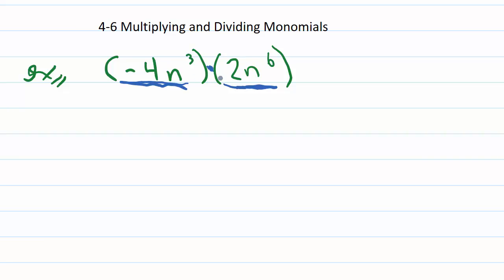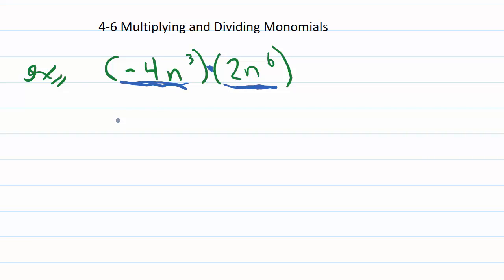Now, we're going to pull a couple of tricks out of our toolbox and say, well, I can multiply in any order I want. There's a property that says so, and that property is, yeah, you got it, the commutative property. So I can multiply these in any order I want.